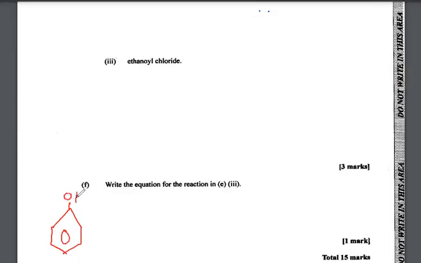We have phenol. All they're doing for this is not even really the equation, it's more the structure of the acyl chloride. Even if you know your structure, it is phenol and ethanoyl chloride.